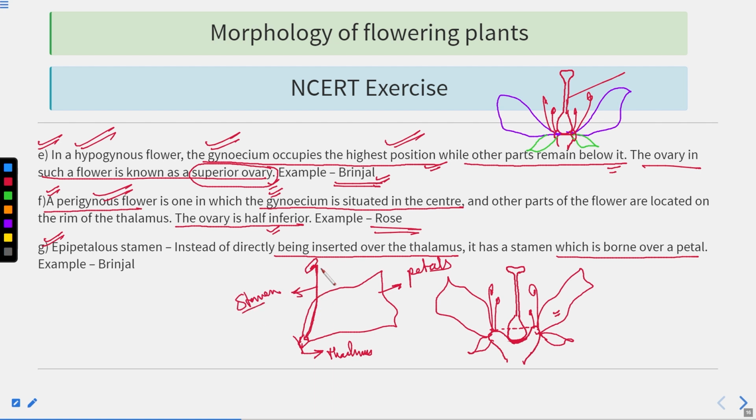Here you can see the stamen is attached to the petals, not to the thalamus directly. This type of attachment gives the stamen the term epipetalous stamen. Such stamens are called epipetalous stamens. The best example is the brinjal.